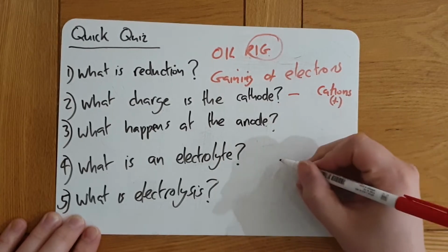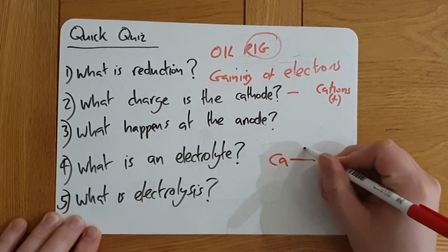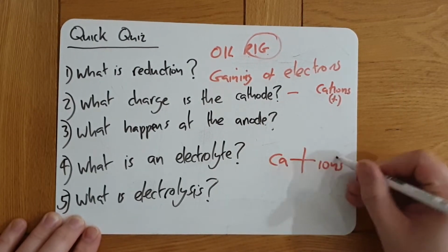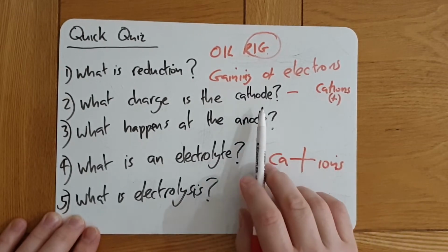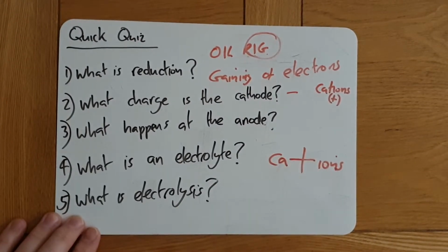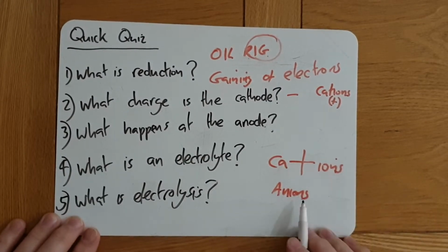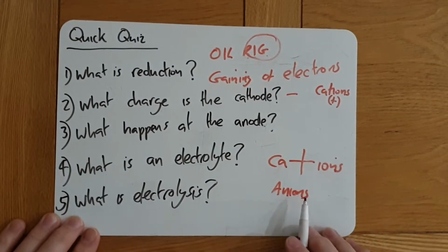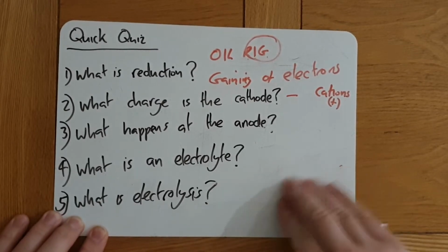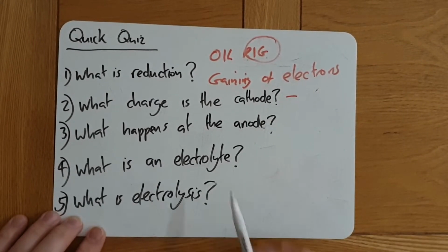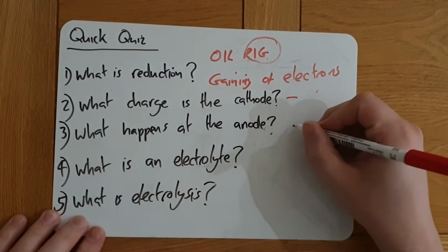The opposite of those, we've got anions. So anions are negative, which means the anode must be positive. So what charge is the cathode? It's negative.